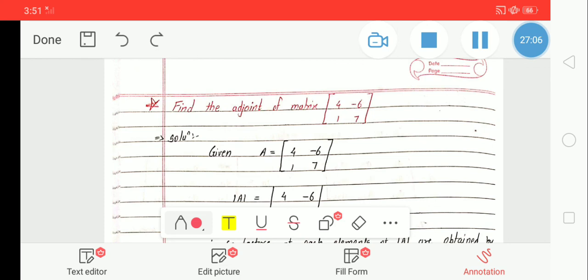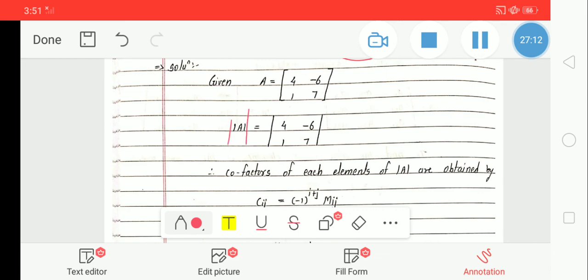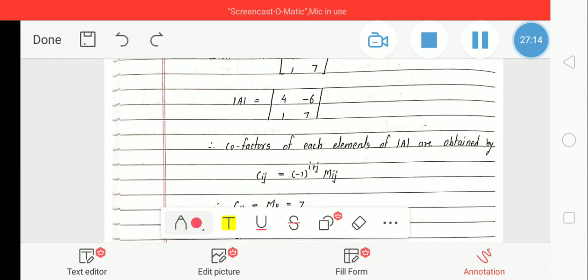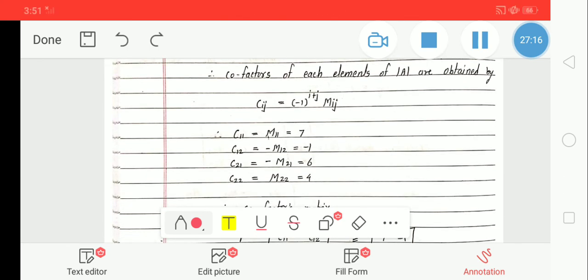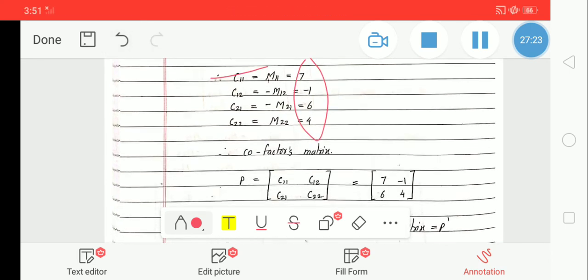Now find the adjoint of matrix A. We take A equal to this matrix. First we write it in mod, then the cofactor of each element. We have to find all the cofactors, C11, C12, C21 and C22. These are the cofactors of these elements.